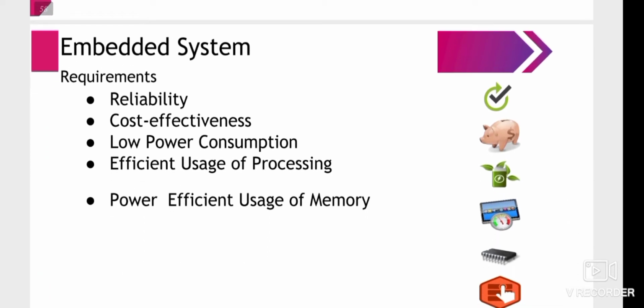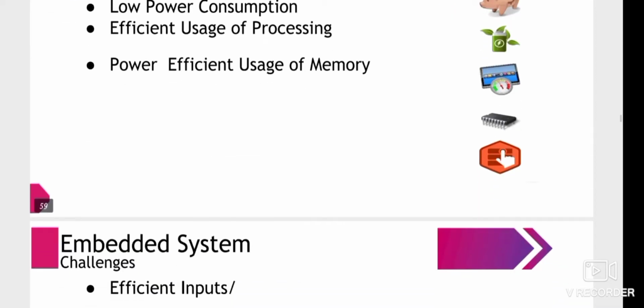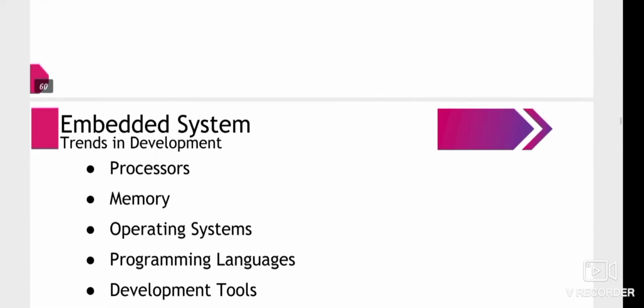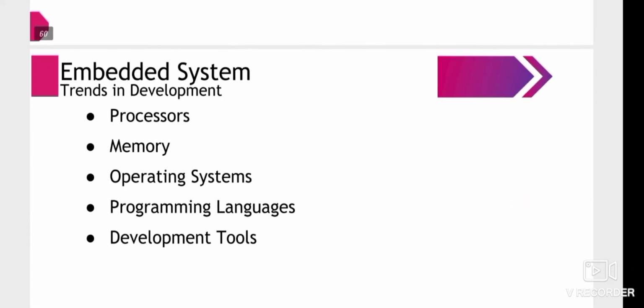The requirements of embedded systems are reliability, cost effectiveness, low power consumption, and efficient usage of processing power and memory. Embedded system challenges: efficient input, embedded operating system, code optimization, testing and debugging. Trends in development: processors, memory, operating system, programming language, development tools.